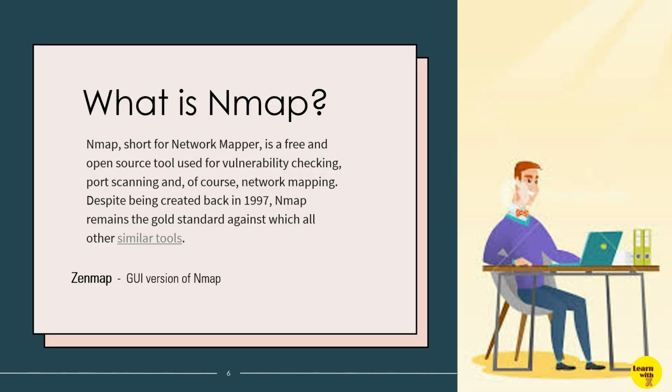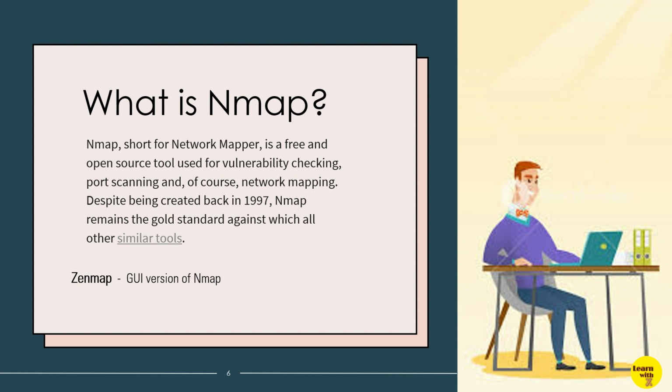And we're going to discuss what nmap is. Nmap, shortly known as Network Mapper, is a free and open source tool used for vulnerability checking, port scanning, and of course, network mapping. Zenmap is the GUI version of Nmap.